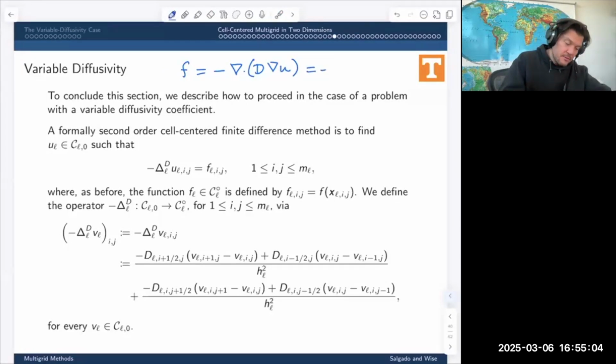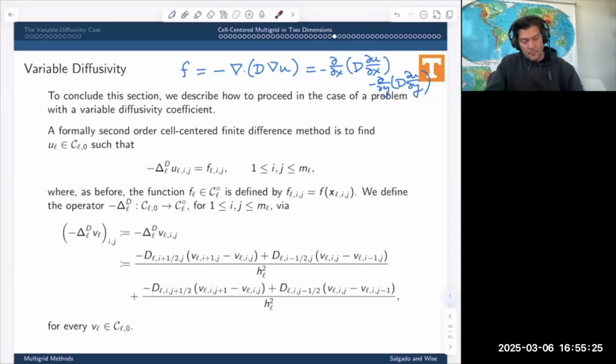So this is going to be minus d by dx, D du dx, and then the same in the y direction, minus d by dy, D du dy. Two operators which are both more or less one-dimensional, and I have approximations for these already in the one-dimensional setting.